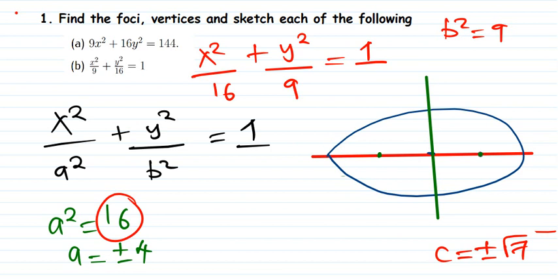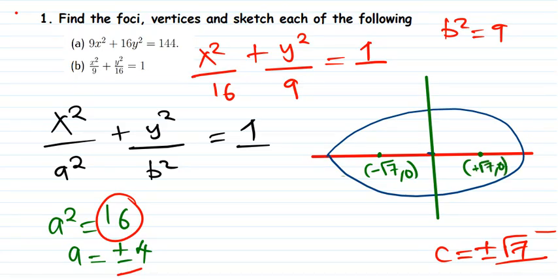Since the foci are closer to the center, between 4 and root of 7, which one is smaller? Of course root of 7. So the foci are negative root of 7 comma 0, and positive root of 7 comma 0.